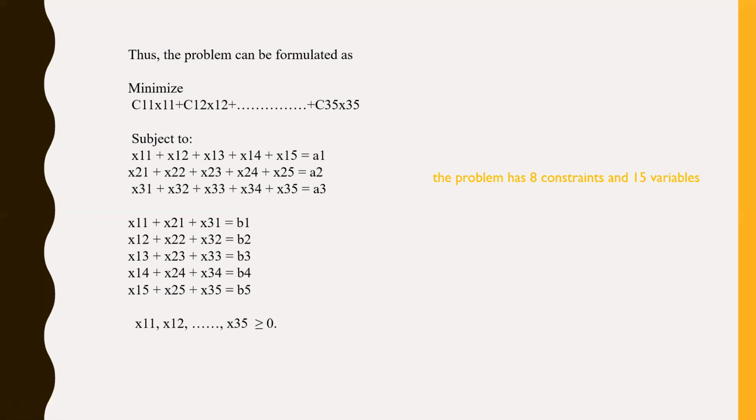So this is the special reason why we require a special method to solve the transportation problem, where we have three methods, three algorithms in transportation, which are the northwest corner method, least cost method, and Vogel's approximation method.